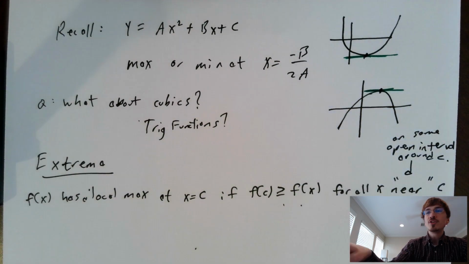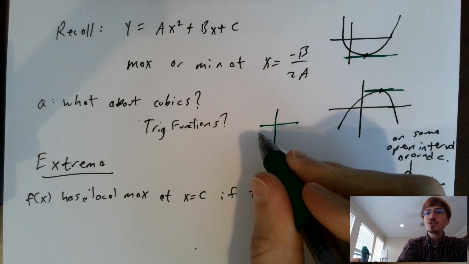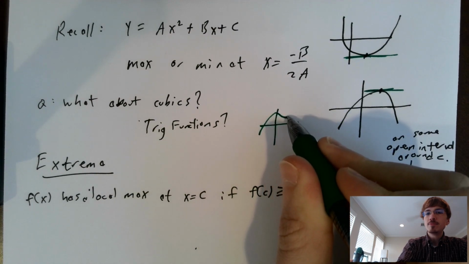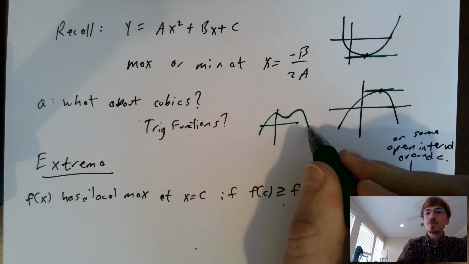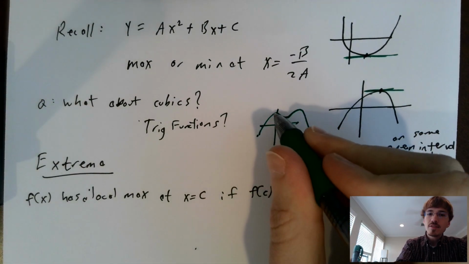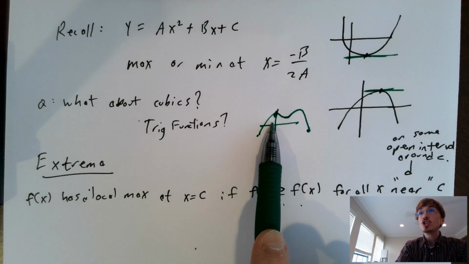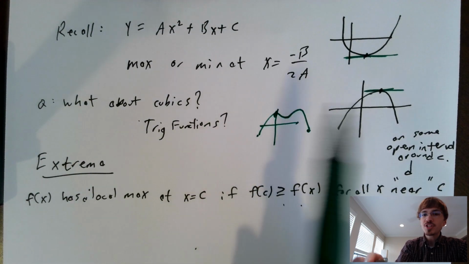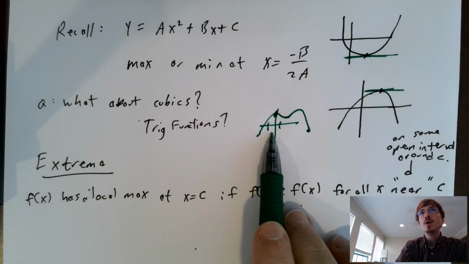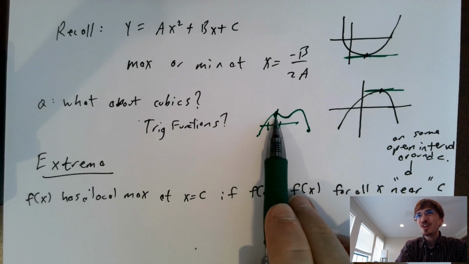So let's draw another picture just to see what could happen. Suppose you have a function that wiggles, maybe it has two humps like this. Then this point here is a local maximum because for some tiny little open interval around that point, the filled in dot up there is the biggest function value.